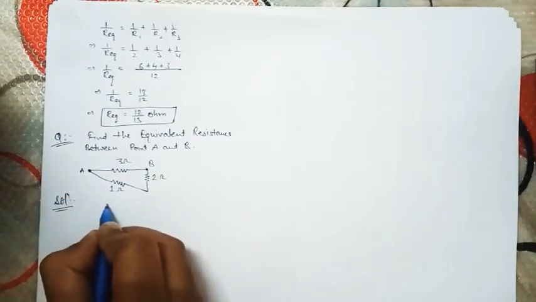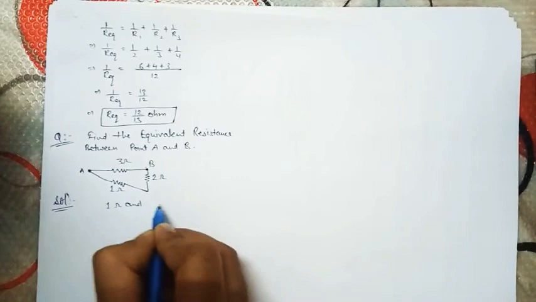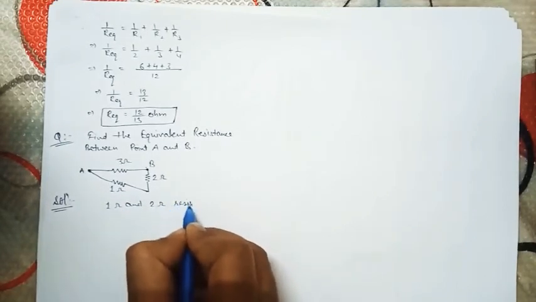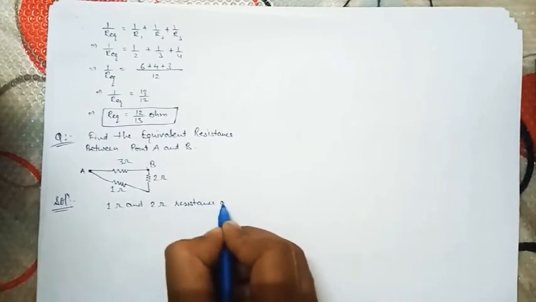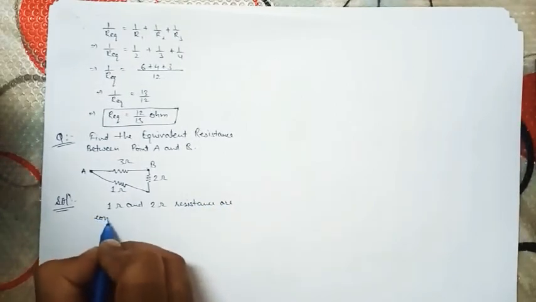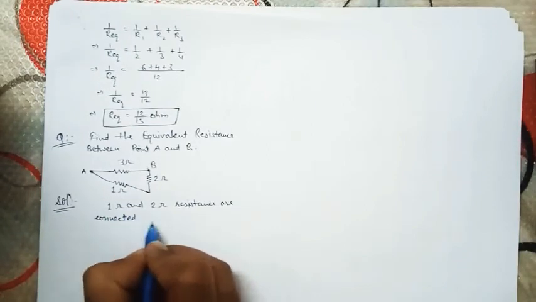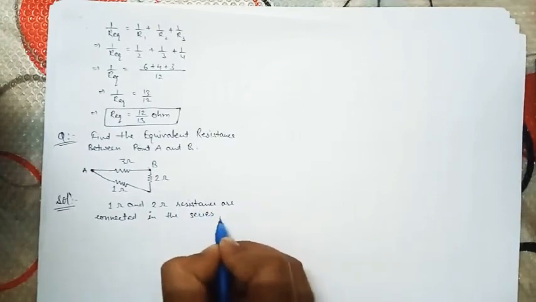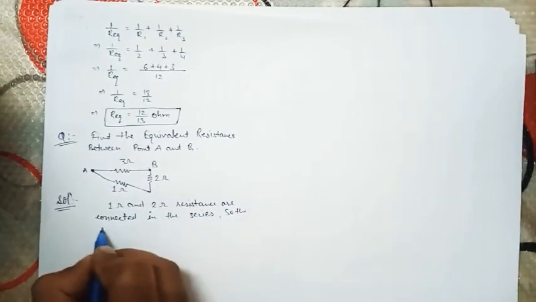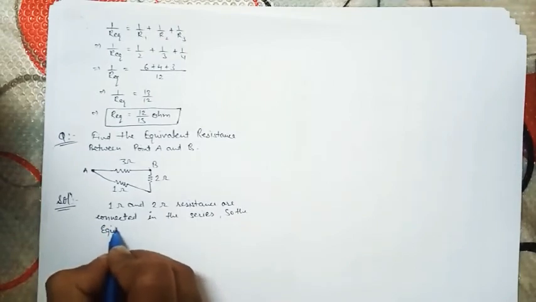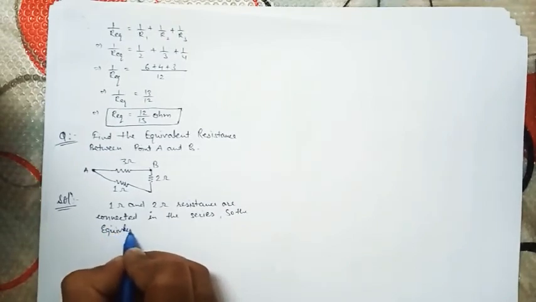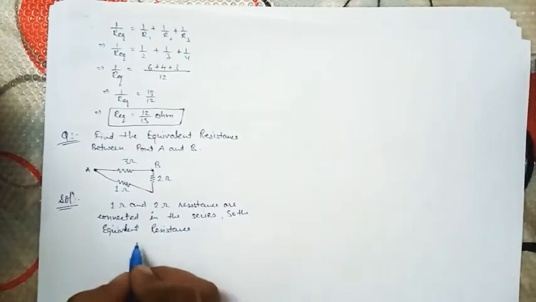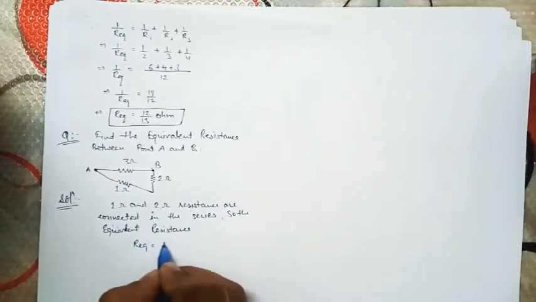First we solve that 1 ohm and 2 ohm resistances are connected in the series. So the equivalent resistance equals to R1 plus R2.